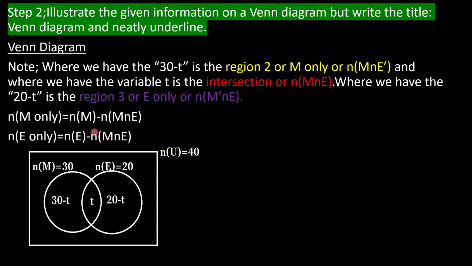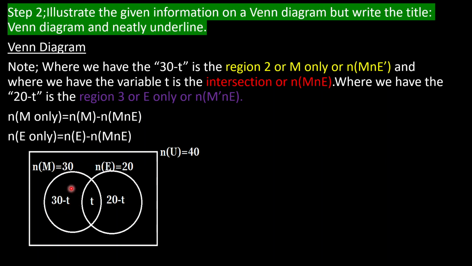So when you make the number of M the subject here, the number of M will be equal to the number of M only plus the intersection. So when you add 30 minus t and the intersection t, you will get 30. So to get this only part, you deduct the intersection from the total number of students who study math, and you get 30 minus t.